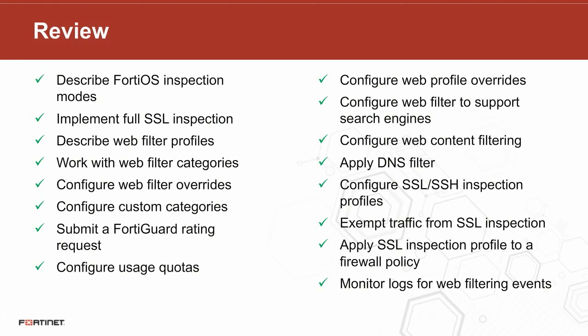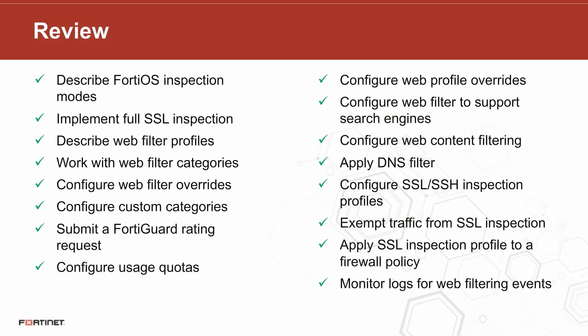Describe FortiOS inspection modes. Implement full SSL inspection. Describe web filter profiles. Work with web filter categories. Configure web filter overrides. Configure custom categories. Submit a FortiGuard rating request. Configure usage quotas. Configure web profile overrides.